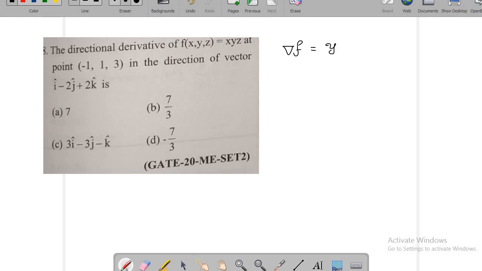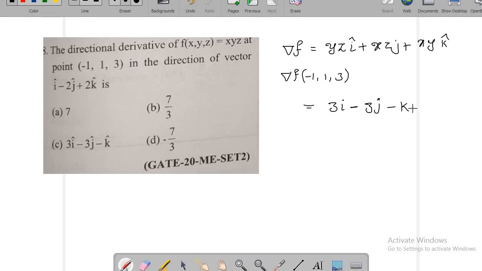Gradient of this function is yzi plus xzj plus xyk, and they want it at this point, negative 1 1 3. So if you substitute it, this is 3i minus 3j minus k. This is grad f.